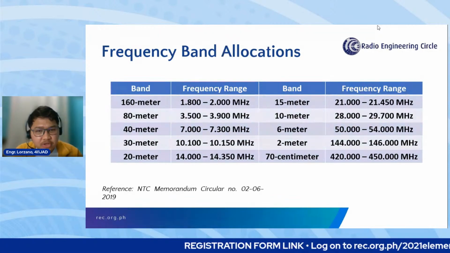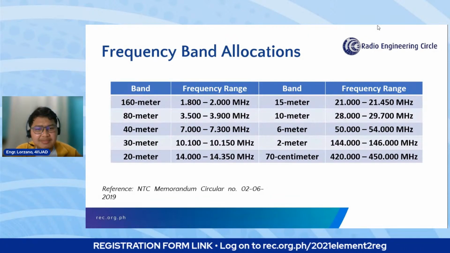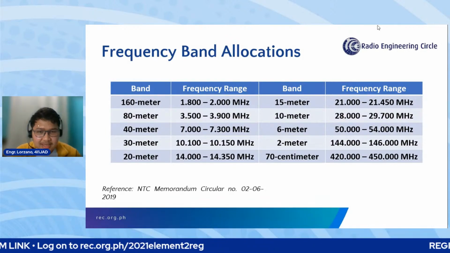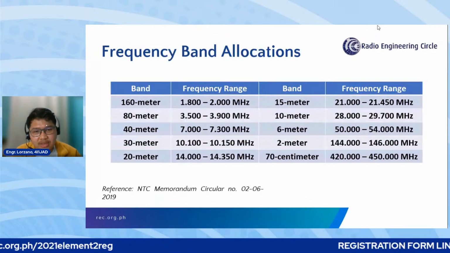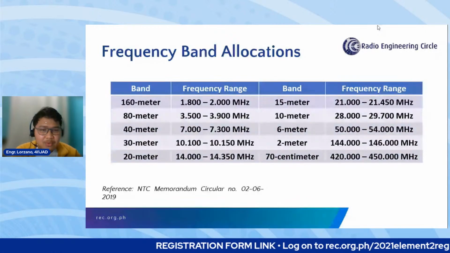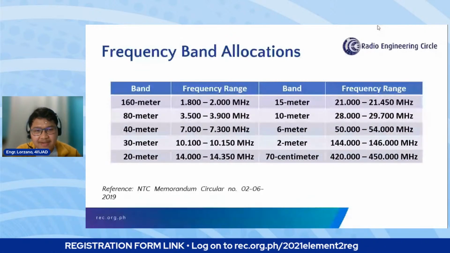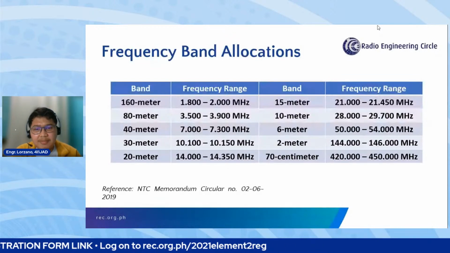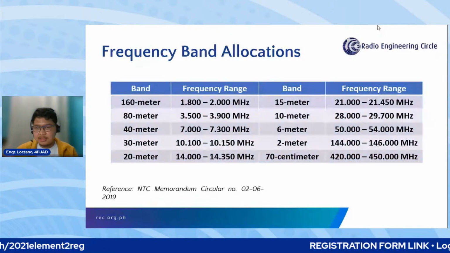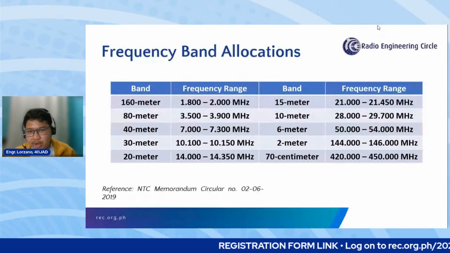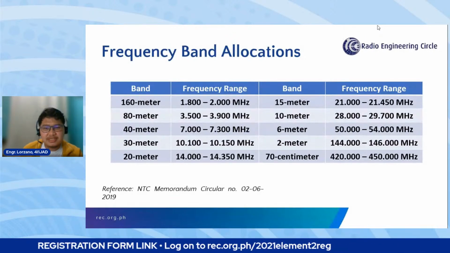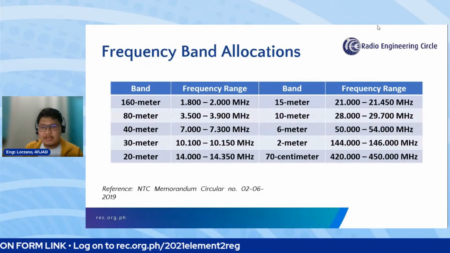Si 2 meter, 144 to 146 megahertz. 6 meters ay 50 to 54 megahertz. Si 10 naman ay 28 to 29.7 megahertz. 15 meter is 21 to 21.450 megahertz. Si 20 meter ay 14 to 14.350 megahertz. Si 30 ay 10.1 to 10.150 megahertz. Hanggang sa 160 meters na may 1.8 to 2.00 megahertz.